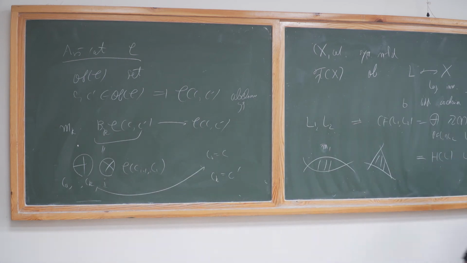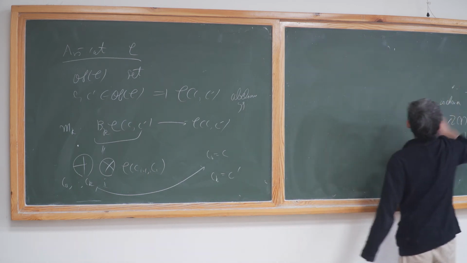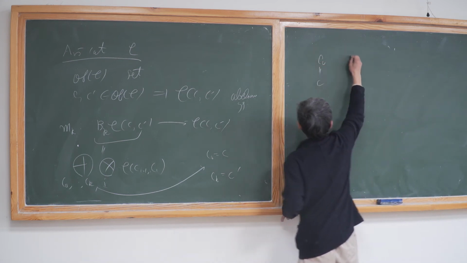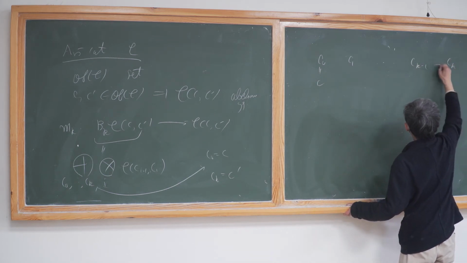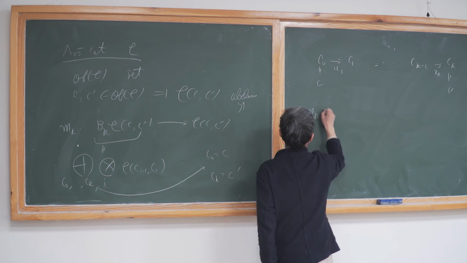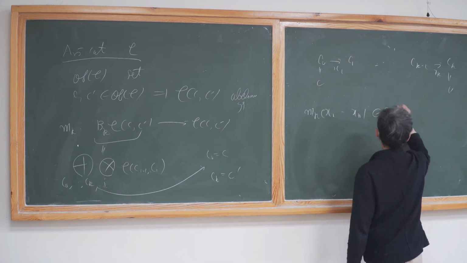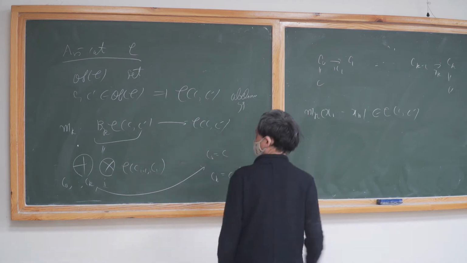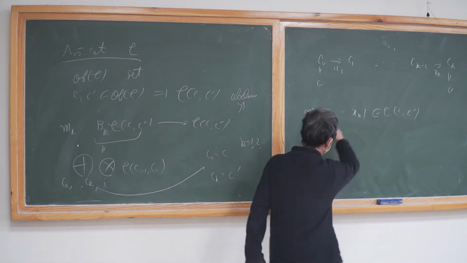So for an element, I can just write: you consider C0 equals C, C1, and so on up to Ck minus 1, and Ck is C prime, and you have X1 up to Xk. Then Mk of X1 through Xk is defined, and that is an element of the morphisms here. In the simplest case, today I start with k equal to 1.